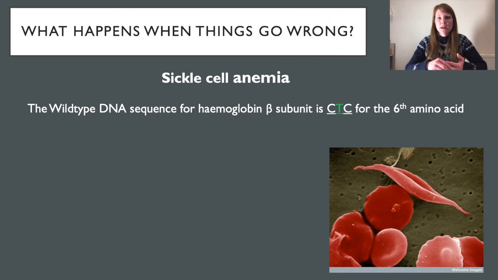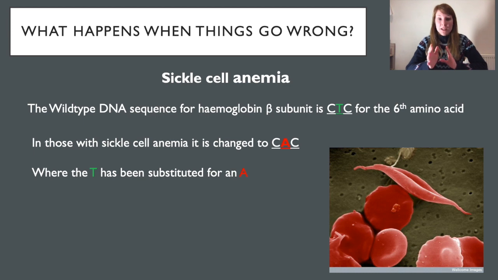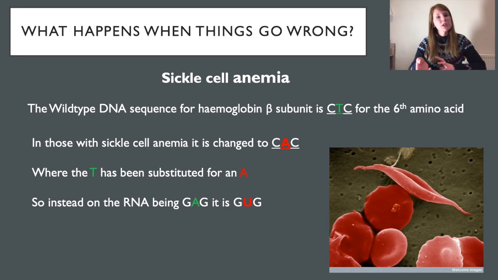So in the wild type hemoglobin, the DNA, one of the codons should be CTC. But if it is changed to CAC, which is the case in someone with sickle cell anemia, then this, when it is transcribed into the RNA, instead of being GAG in the wild type, becomes GUG with sickle cell anemia.